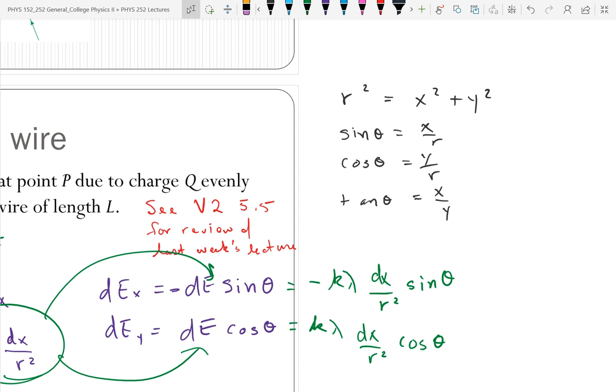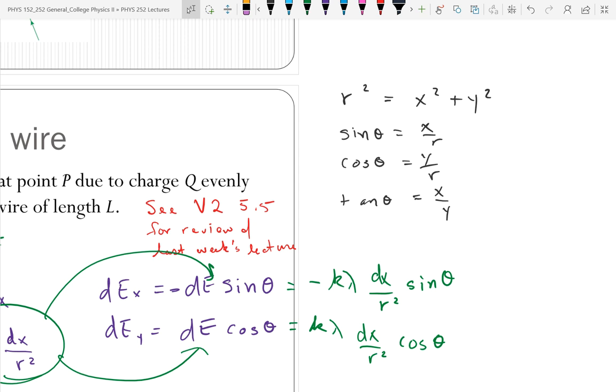And as we've seen, the textbook is going to say, okay, let's put everything in terms of x and y. So cosine theta is y over r, where r is the square root of x squared plus y squared.